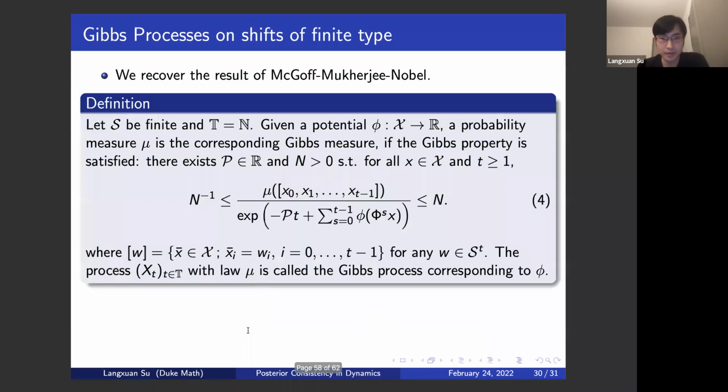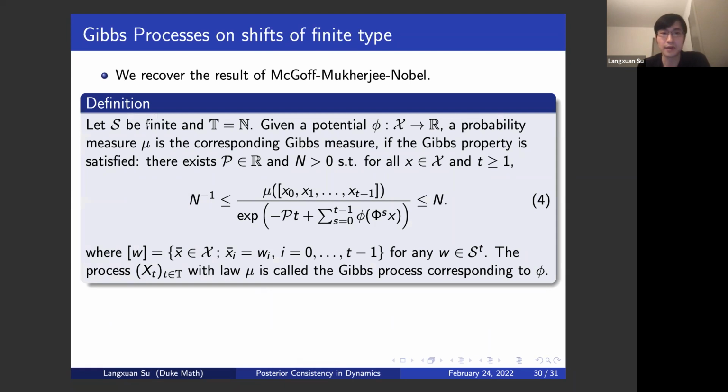And so let me briefly describe the definition here and tell you a little bit about the proof technique. So what is a shift of finite type?